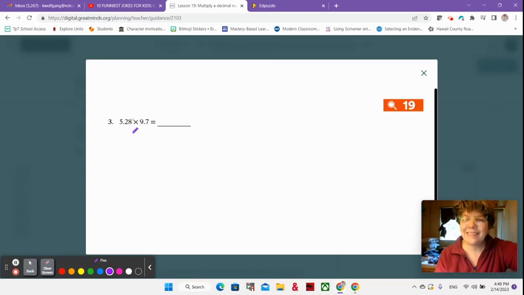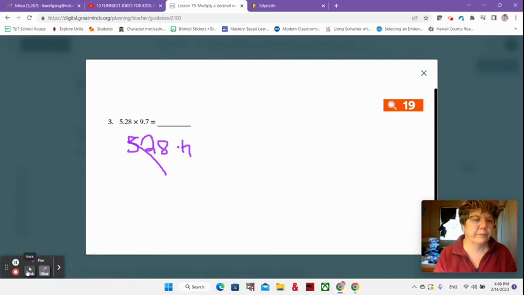We're going to name it by the smallest amount, which would be hundredths. So that would be 528 hundredths.